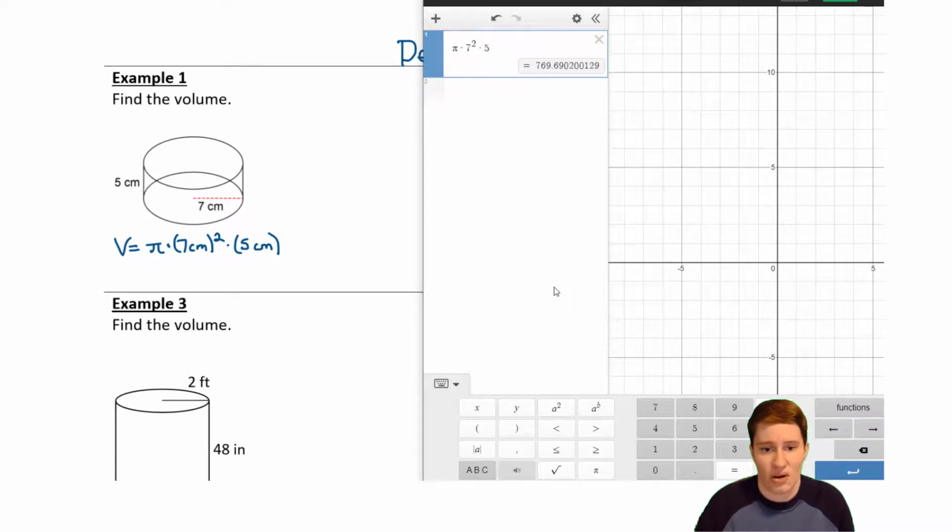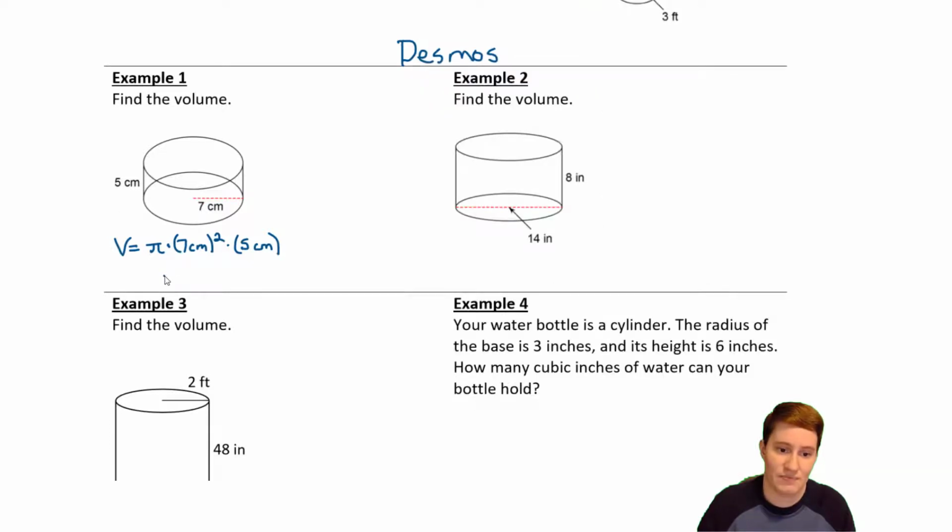So for the volume of this cylinder, we're going to round to 2 decimal places because the third decimal place is 0, so that seems like a pretty nice place to round. Our answer here is 769.69, and our units are going to be centimeters cubed, or cubic centimeters. And that's kind of the gist of what we're doing.